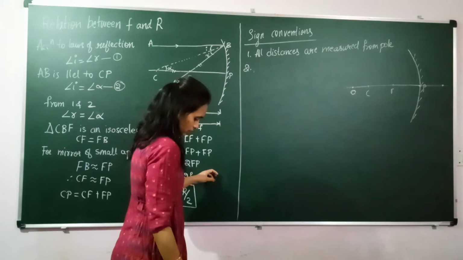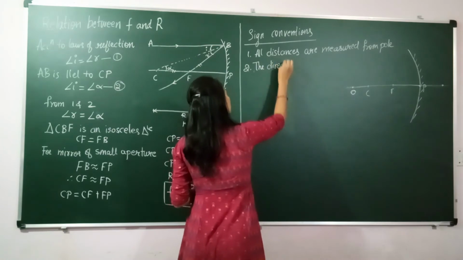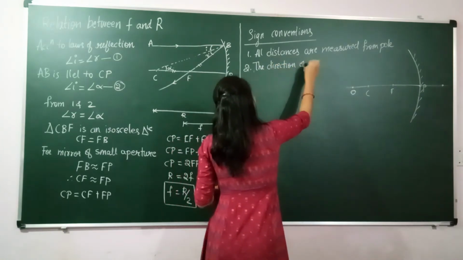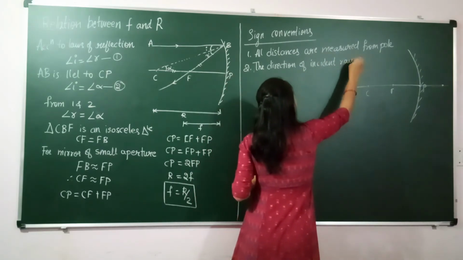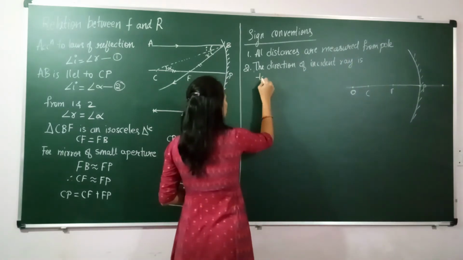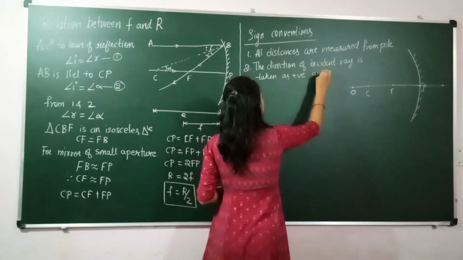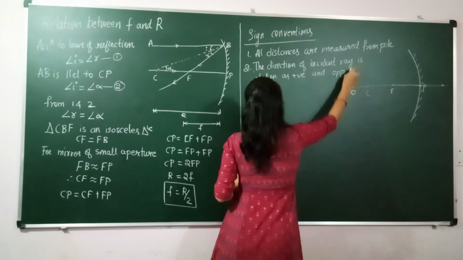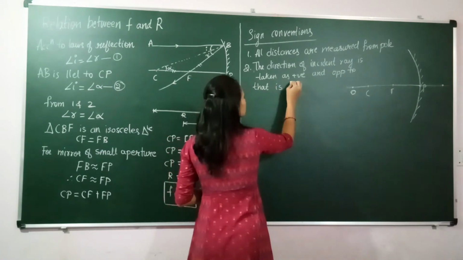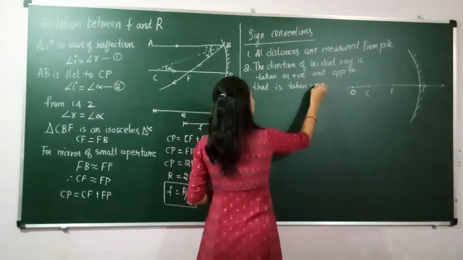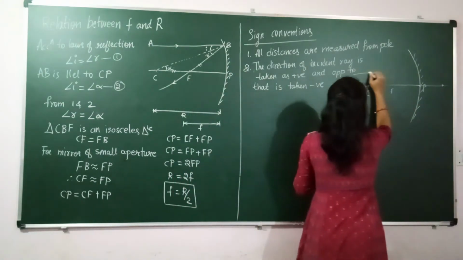And second, the direction of the incident ray is taken as positive, and opposite to that is taken as negative. Suppose the object is placed here, and this is our incident ray.